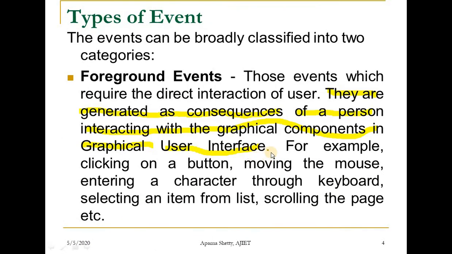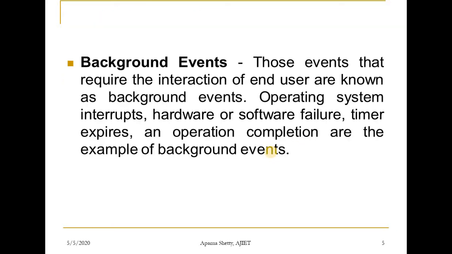Foreground events are the events generated by GUI interactions, like clicking the mouse button, moving the mouse, entering a character, selecting an item from the list, scrolling the page. Background events are the ones generated in the background, that is, operating system interrupts, hardware or software failures, or a timer expires, and operation completion.